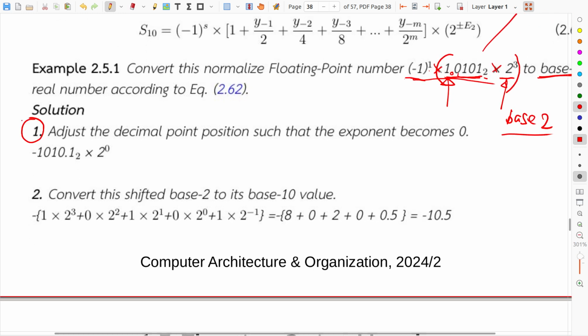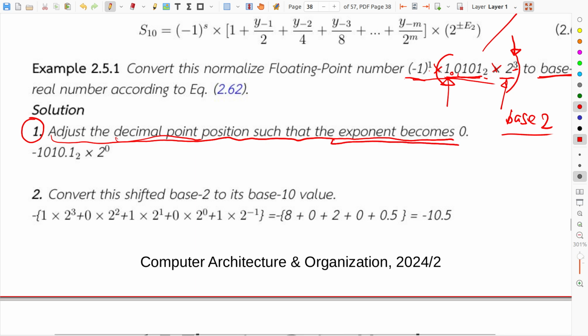Step 1. Adjust the decimal point position such that the exponent becomes 0. In this case, the exponent is plus 3. So we need to adjust the decimal point position to make the exponent go from 3 to 0. Should the decimal point be shifted left or right?